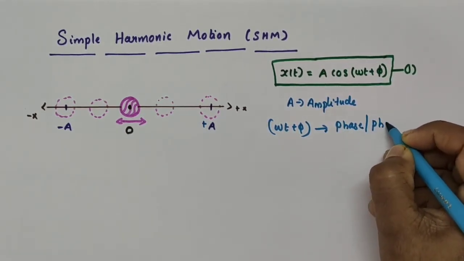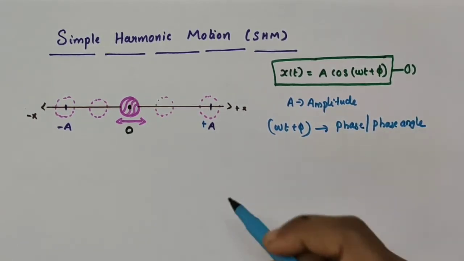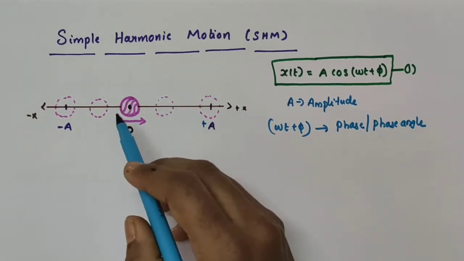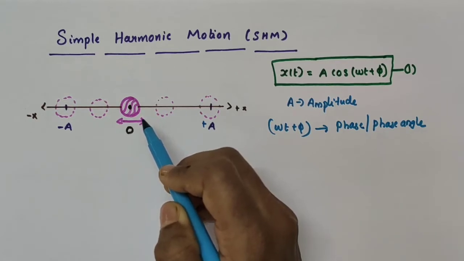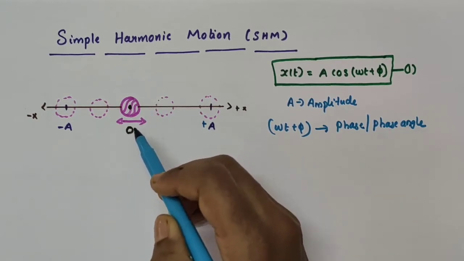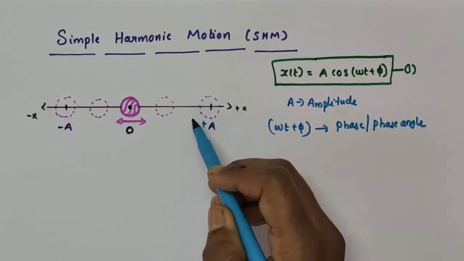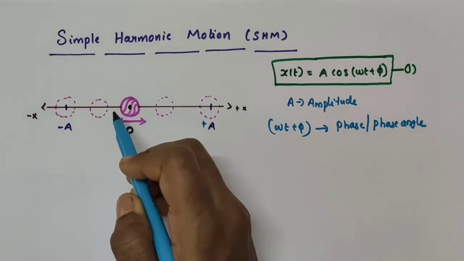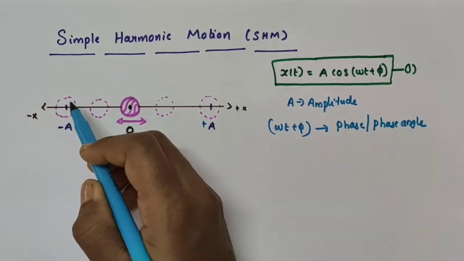Omega t plus phi is called the phase or phase angle. When the particle oscillates about its mean position O, after some time starting its oscillation it may reach here, and sometimes when it is moving along this direction it reaches here.